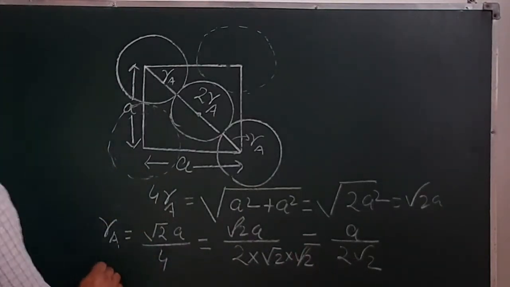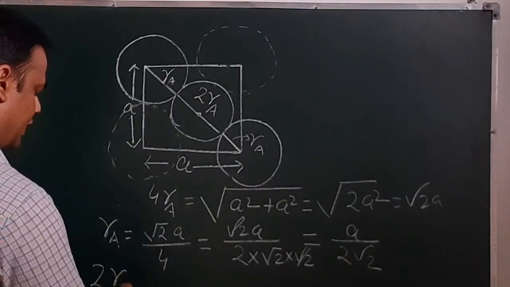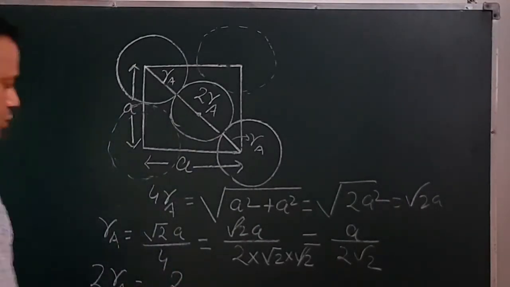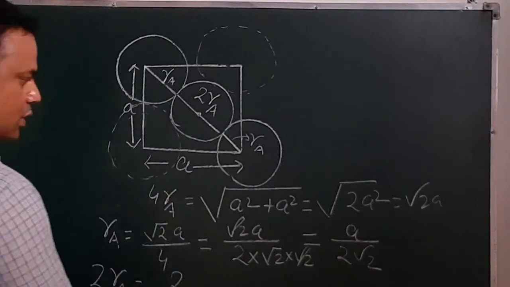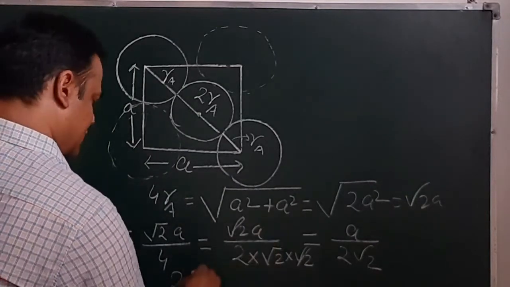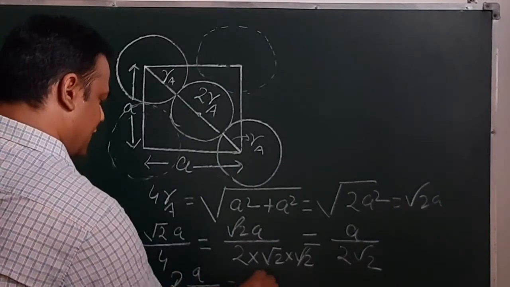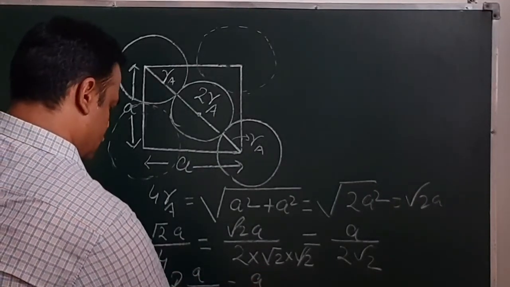So from this we can write 2RA equals 2 into A by 2 root 2. This 2 will cancel out, and we'll have A divided by root 2.